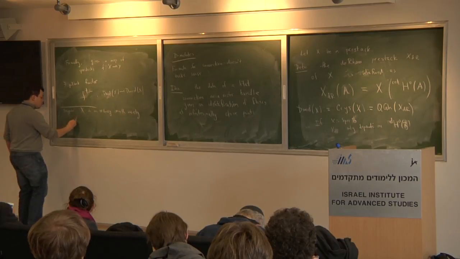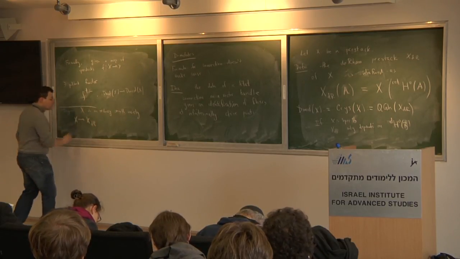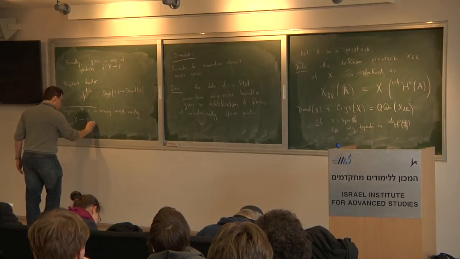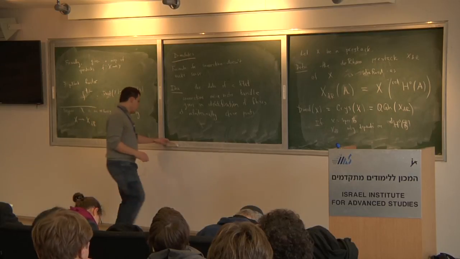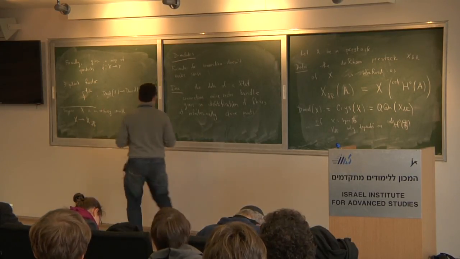Well, we have a natural projection map from X to X_dR. And so we can try to study sheaves on X_dR via sheaves on X.